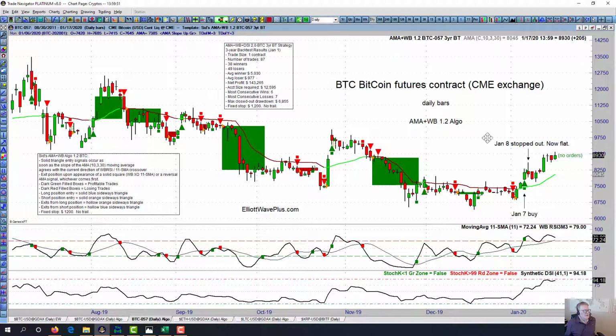And so what this suggested right here was, on January 7, to buy Bitcoin, and it shows the entry and the exit. Now that particular trade got stopped out pretty quickly. This sell trade right here was a sell signal, and it comes in at the close of that candle.